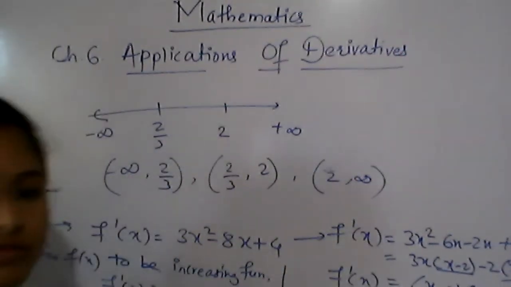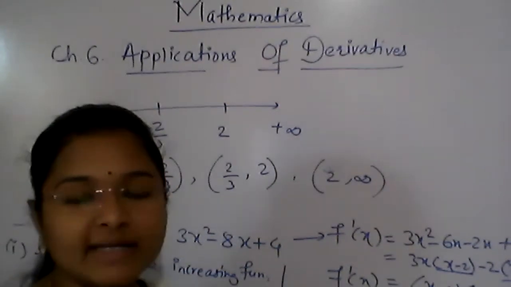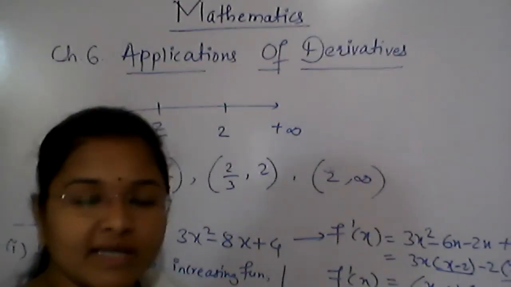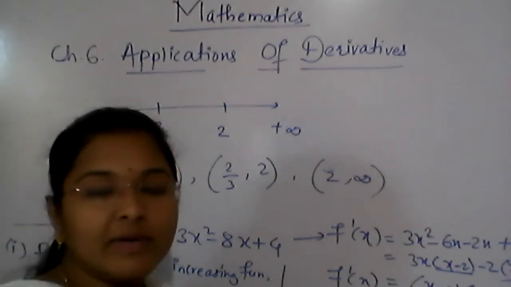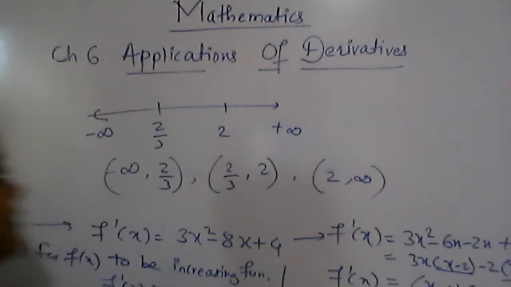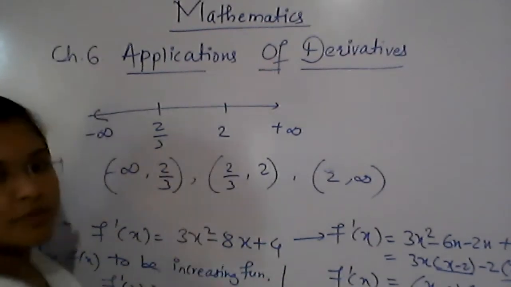Now we have to find in which interval the given function is strictly increasing or strictly decreasing. In RD Sharma, the rightmost point is 2.